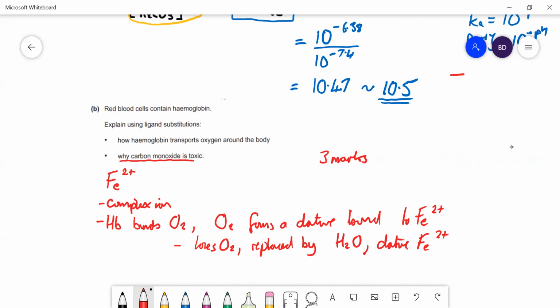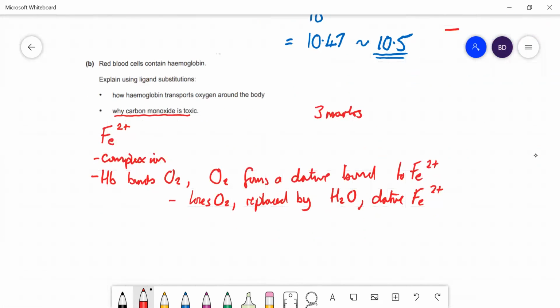Now it says, why is carbon monoxide toxic? We need to explain that carbon monoxide has a lone pair of electrons on the carbon, and that will form a dative bond to the Fe2 plus.